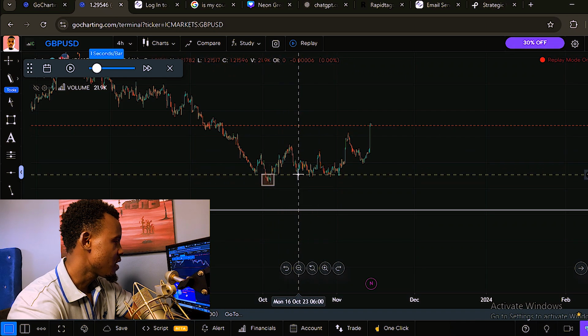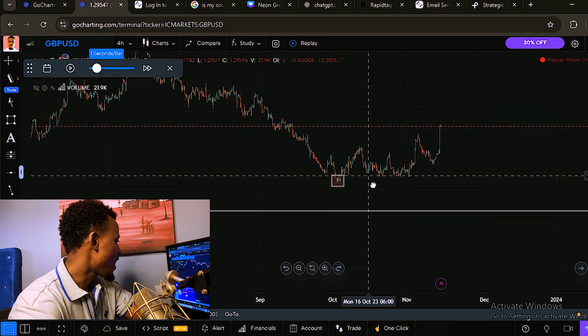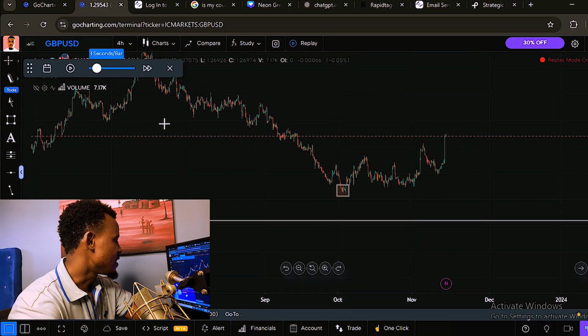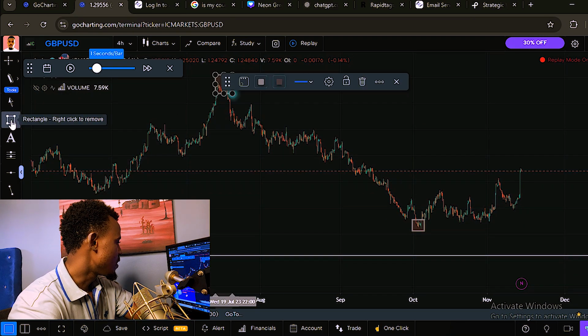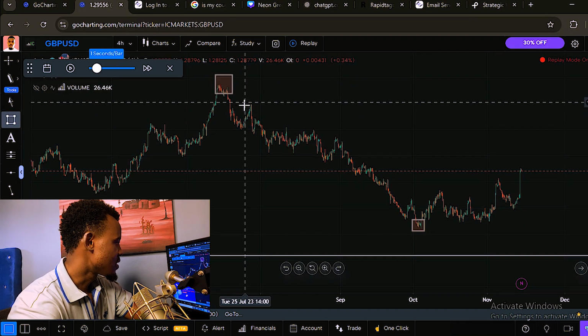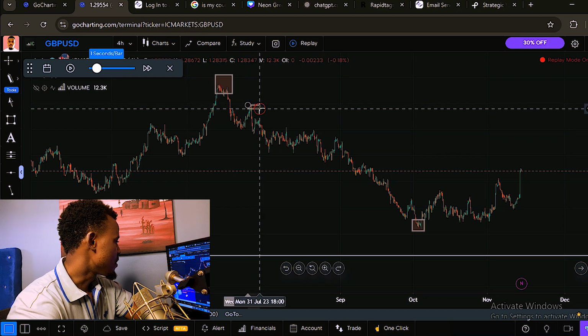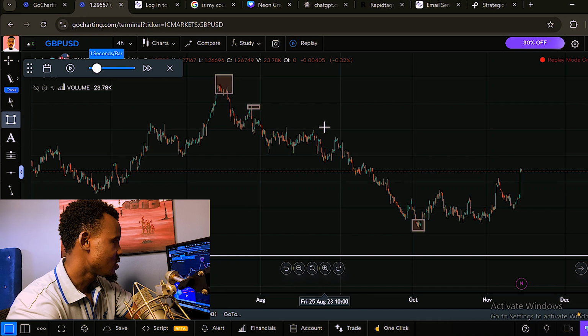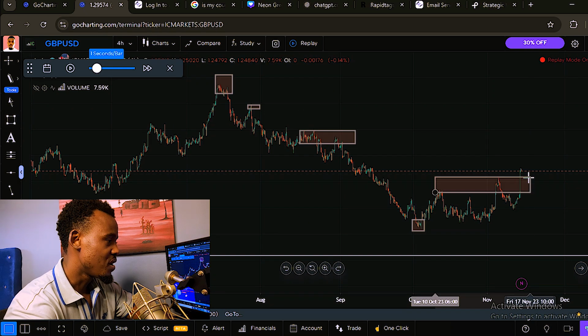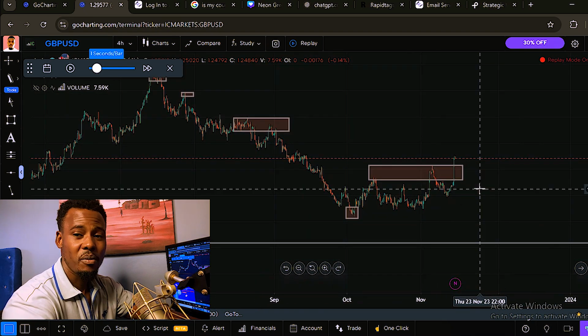As you can see over here, here's your support. And where price hits and gets back down is your resistance. Here is your resistance. Right here is our resistance. So I hope that is clear enough.